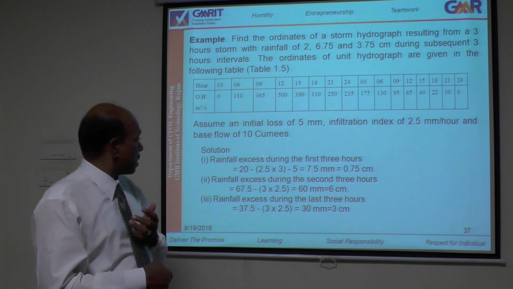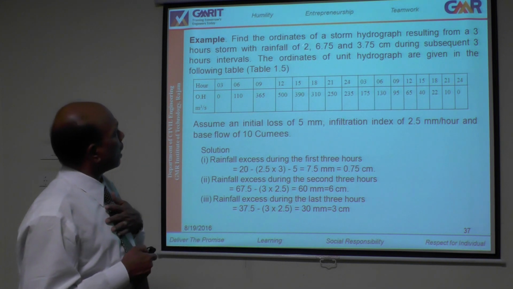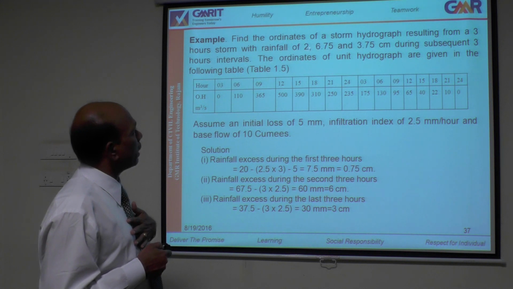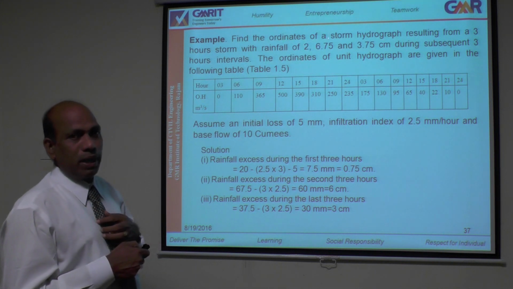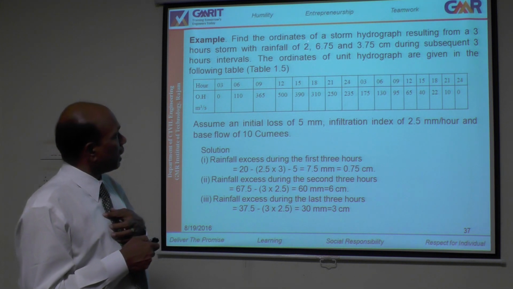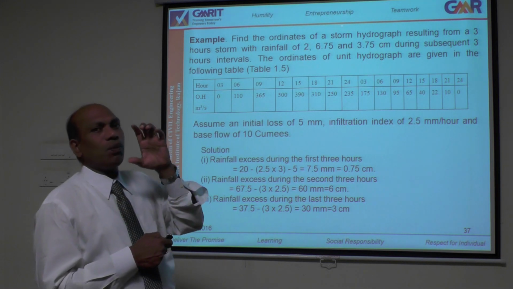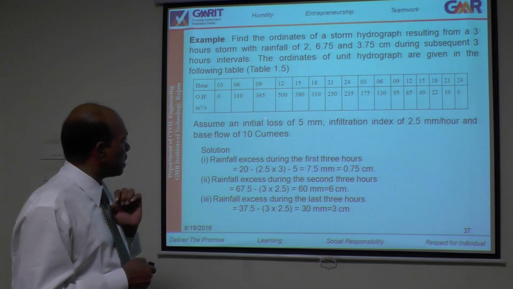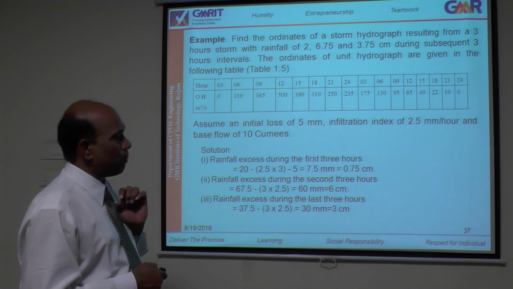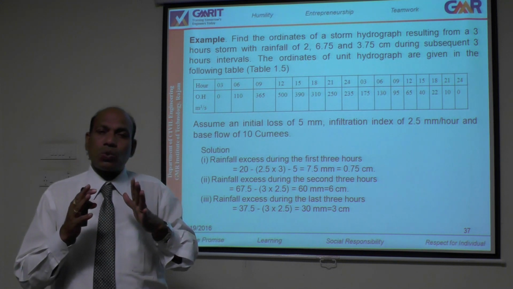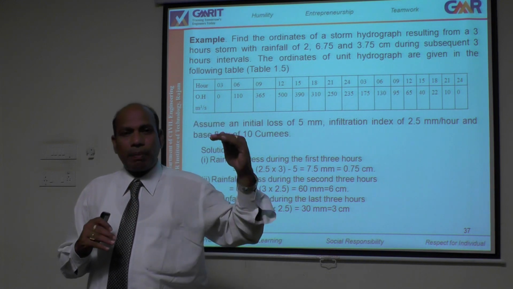Right, for the first 3 hours rainfall excess, the rainfall depth is 2 centimeters. 2 centimeters means 20 mm. Right, 20 mm is the rainfall on a particular catchment area within the first 3 hours. So what are the initial losses? 5 mm. That initial loss should be filled by the first rainfall pattern.